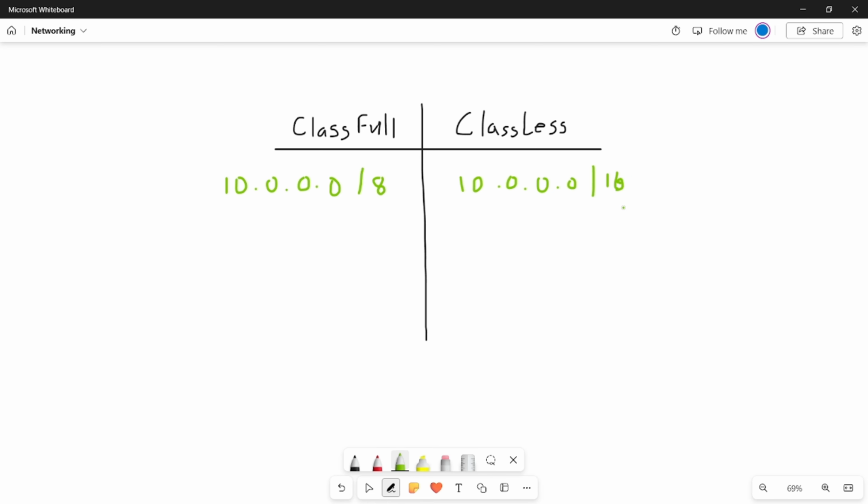The example on the right hand side does not use the default subnet mask of the class. It says you can only use the other 16 bits, you cannot use the first 16 bits because they are used for the network ID. So this means this is a classless IP address. So the IP address on the left hand side is known as a classful IP address, and the IP address on the right hand side is known as a classless IP address. So let's take some examples.